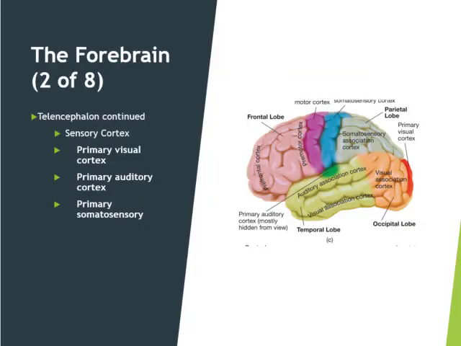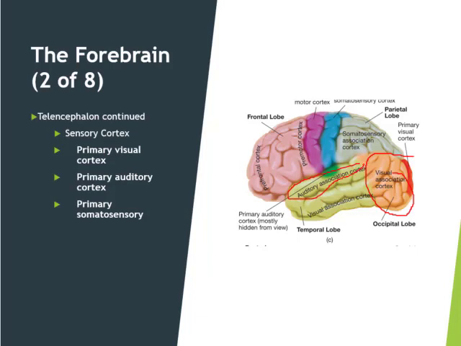So I want to talk about the forebrain and the telencephalon. So these are the same things. The primary visual cortex back here receives visual information. The primary auditory cortex receives auditory information.